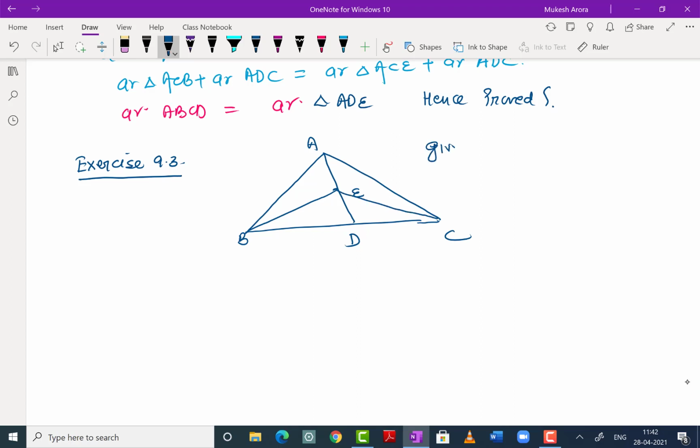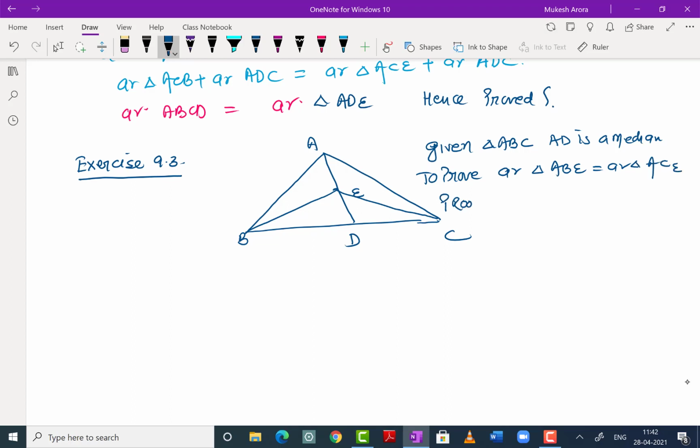Given: triangle ABC, AD is a median. Prove: area of triangle ABE is equal to area of triangle ACE.